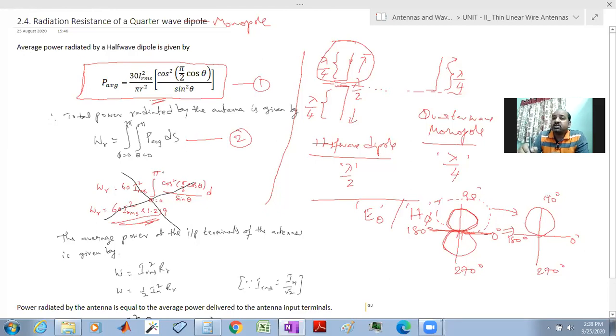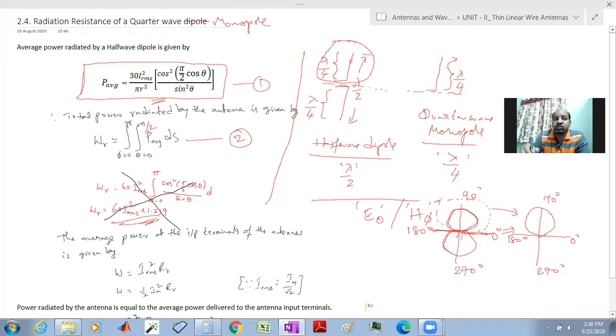But the only difference between the half wave dipole and the quarter wave monopole is the power radiated. Power radiated is equal to the double integral of average power ds, where theta is 0 to pi and phi is 0 to 2 pi. For a quarter wave monopole, theta is 0 to pi by 2.